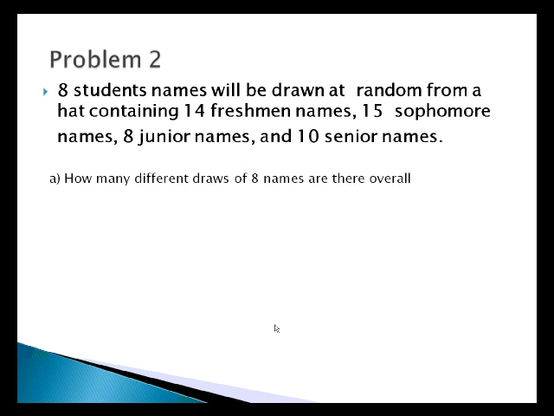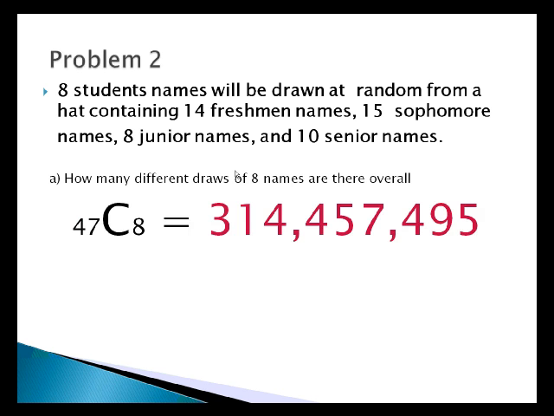So I would do 47C8. 47 total, and I'm choosing 8 of them. So there's almost 314 and a half million ways to choose all these different names. It's quite a lot, right?